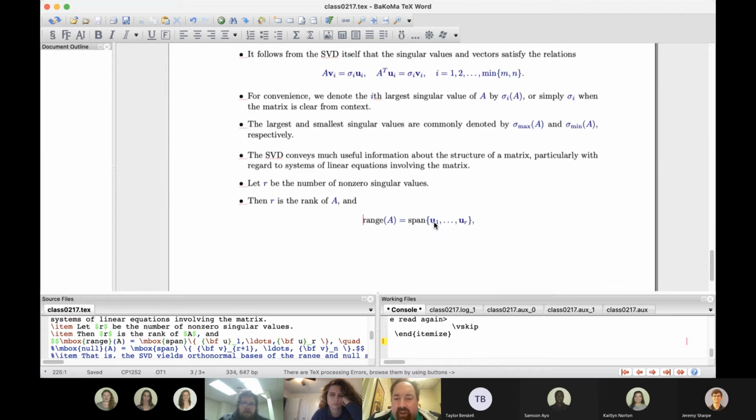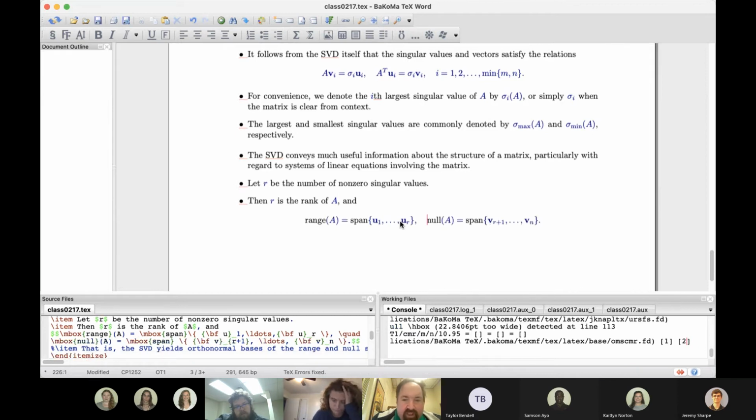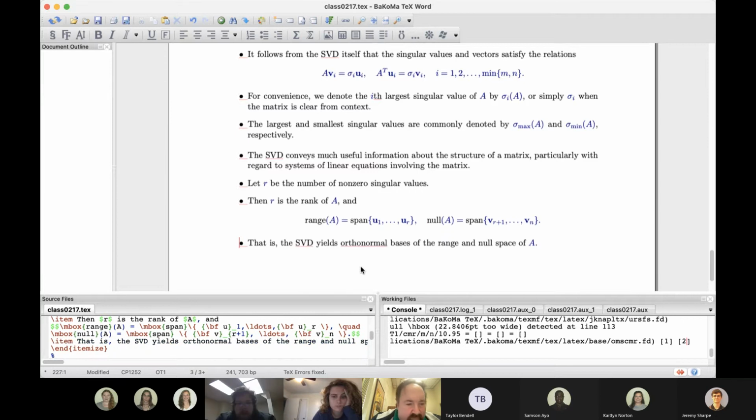Also, if r is the rank, then the first r columns of U, the first r left singular vectors, are an orthonormal basis for the range of A. And then if you start after the rank, so v_(r+1) up to v_n, the last right singular vectors, those describe the null space of A. So the singular value decomposition gives us very nice orthonormal descriptions of the range and null space of A. Okay.